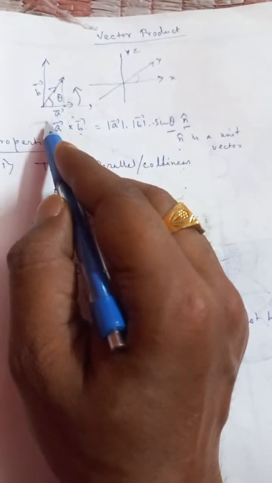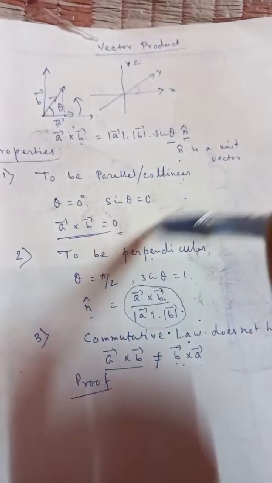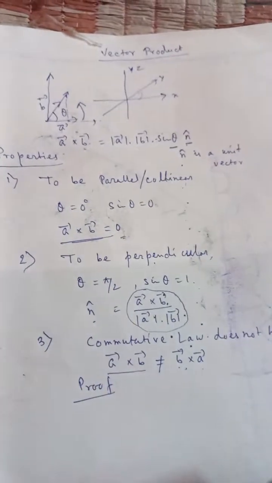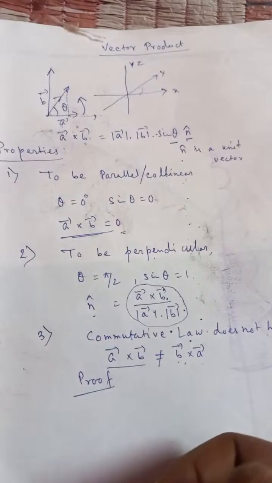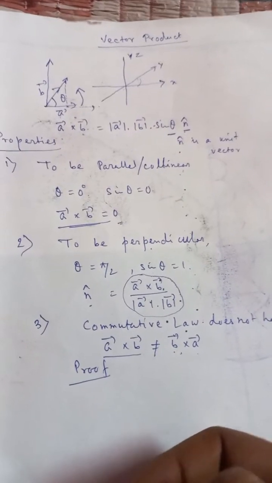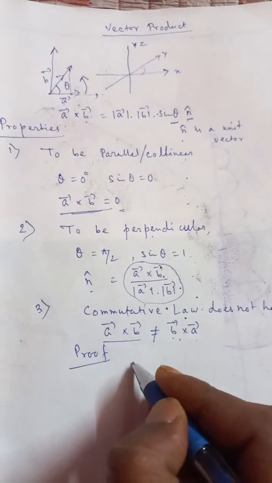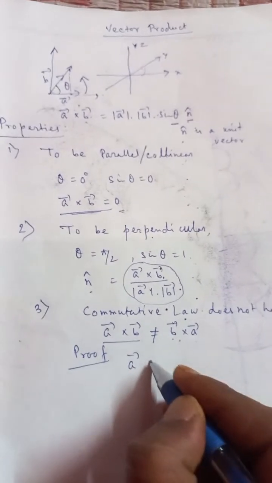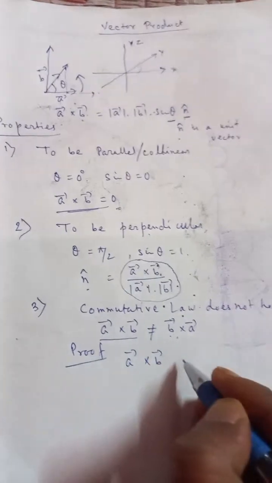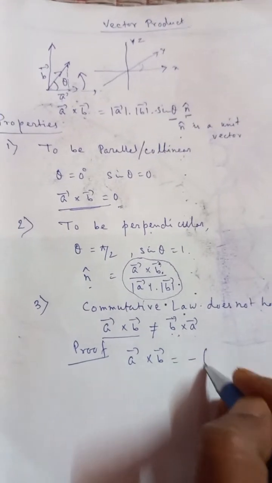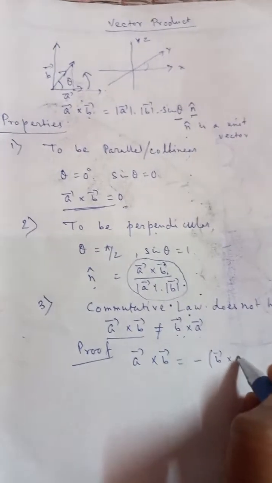The direction will be reversed in this way, down from this plane, or below the plane, perpendicular below this plane. So we cannot say A vector cross B vector is equal to B vector cross A vector. Actually it is equal to minus of B vector cross A vector.